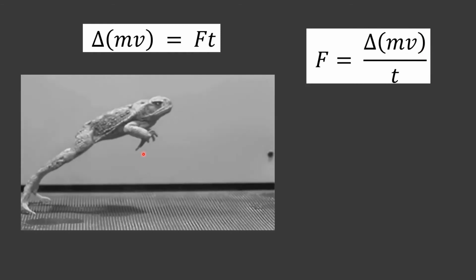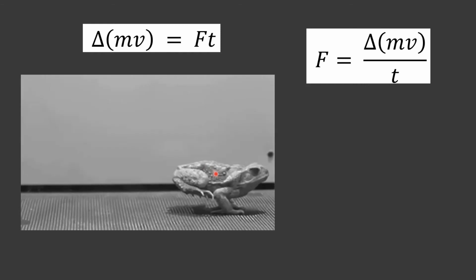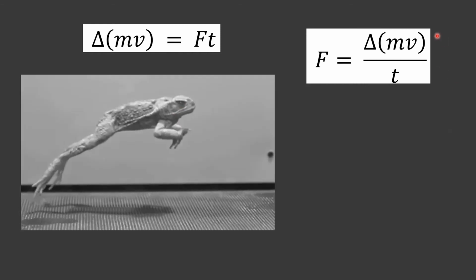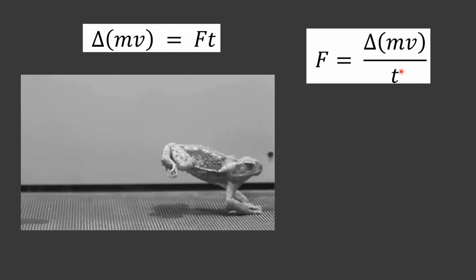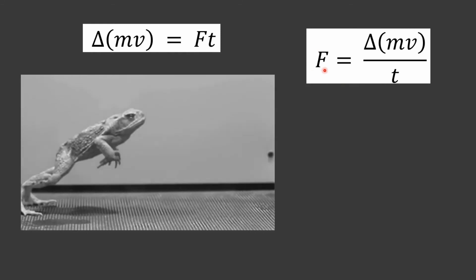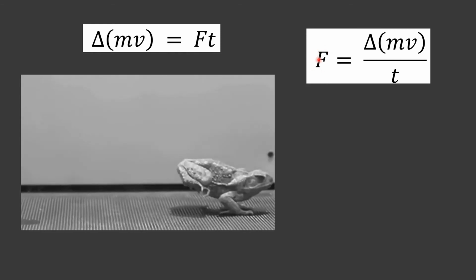And that's important. The momentum is going to change regardless of what the frog does. It could happen fast or slow. The frog just makes it happen longer or take longer time. The benefit to the frog is that it has less force that way, so it's easier on the frog itself.